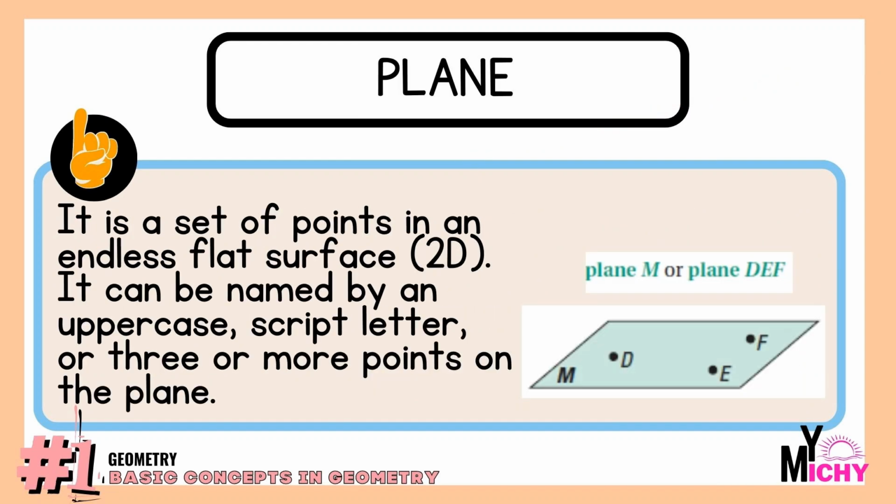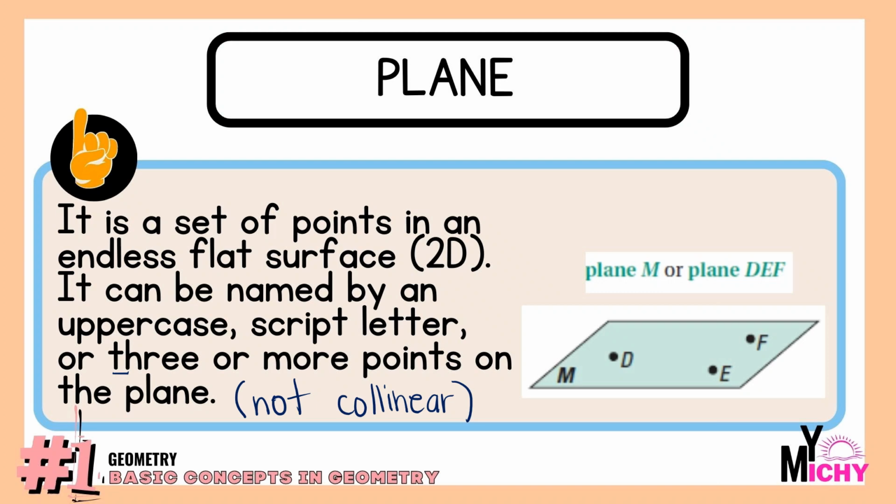Next, we have the plane. It is a set of points in an endless flat surface, 2D or two-dimensional. It can be named by an uppercase script letter or 3 or more points on the plane. We can determine a plane using 3 or more points on the plane that are not collinear. Again, not collinear. You will encounter what collinear means later on.